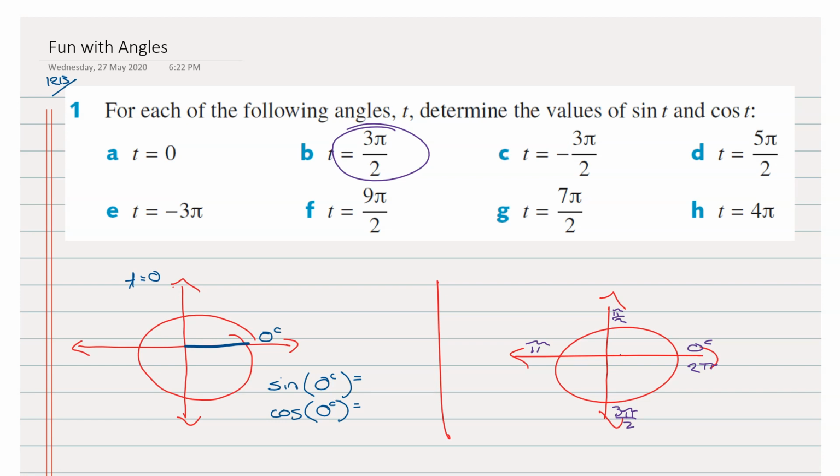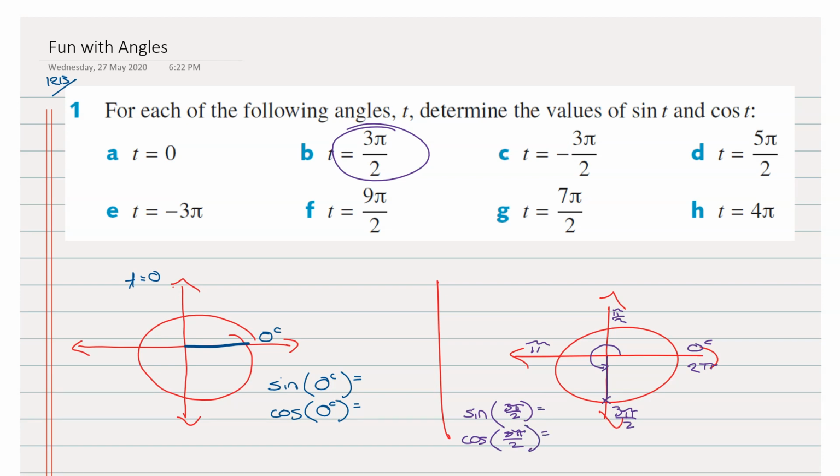What this is saying is, what triangle will we have if we sweep from 0 radians, past pi on 2, past pi, and up to here? So what positions will we have in terms of sine of 3 pi over 2 and cosine of 3 pi over 2?